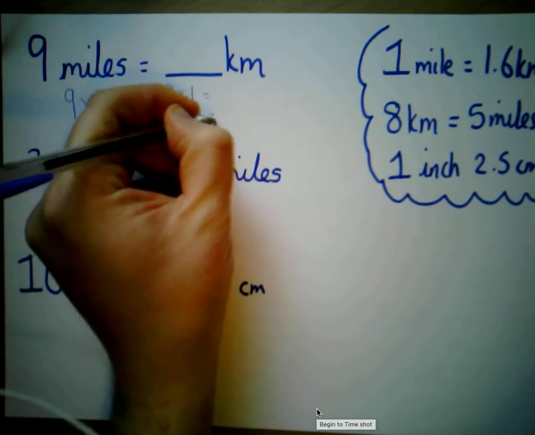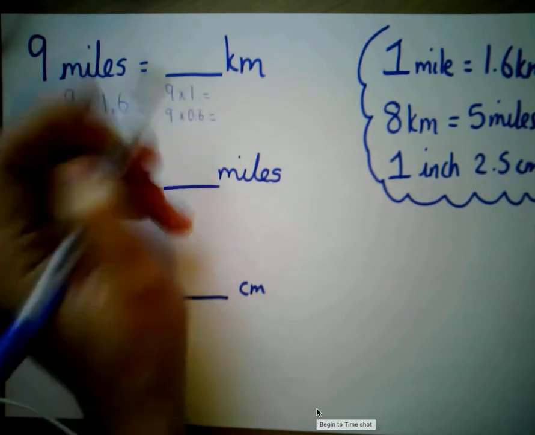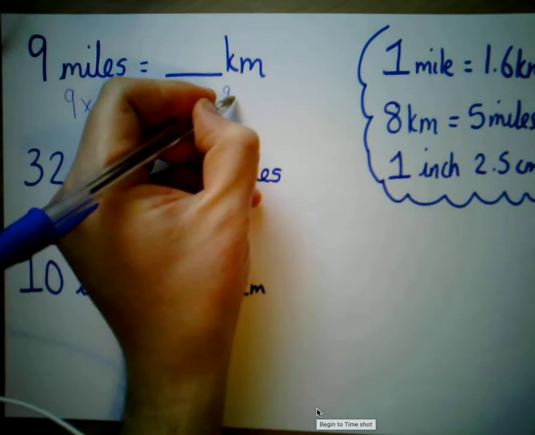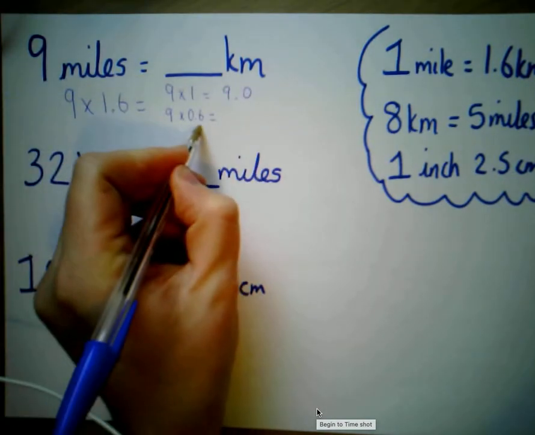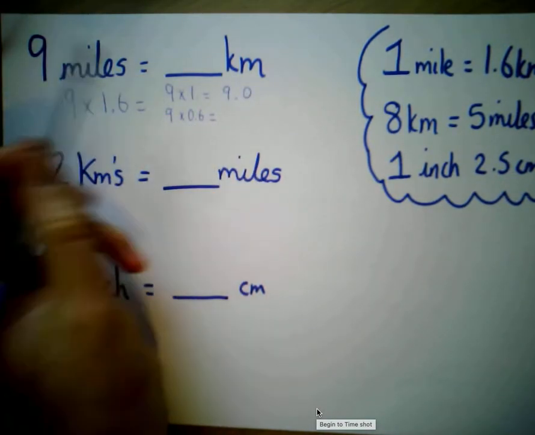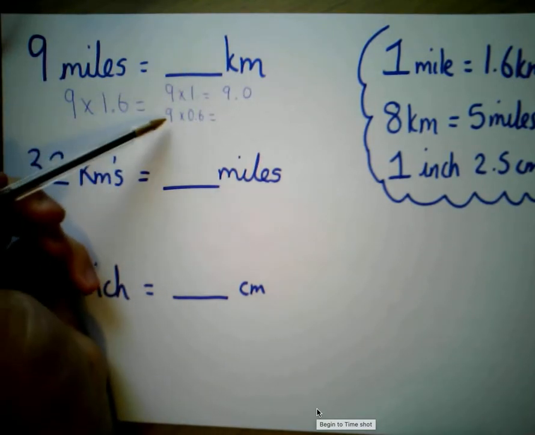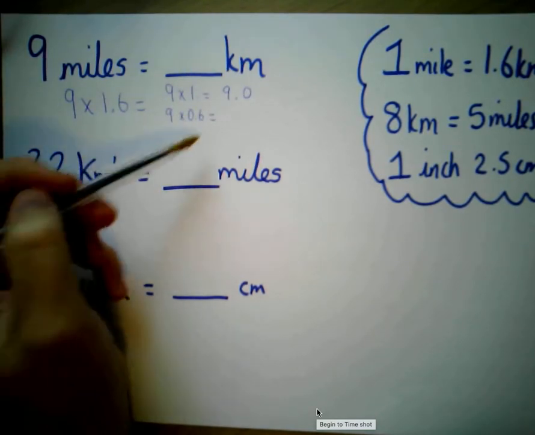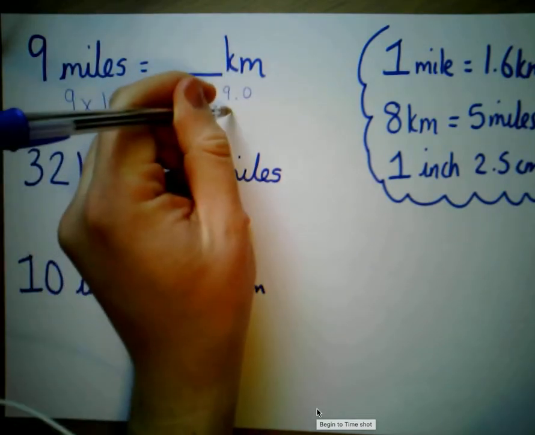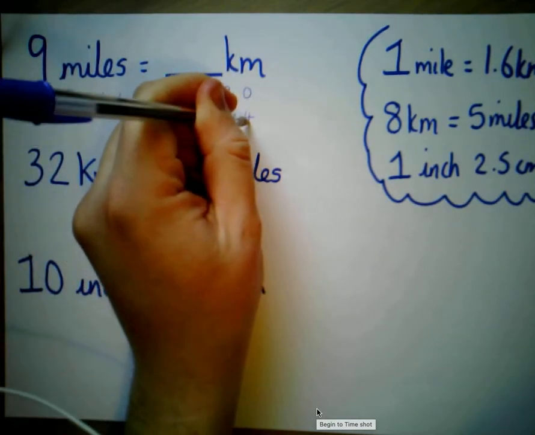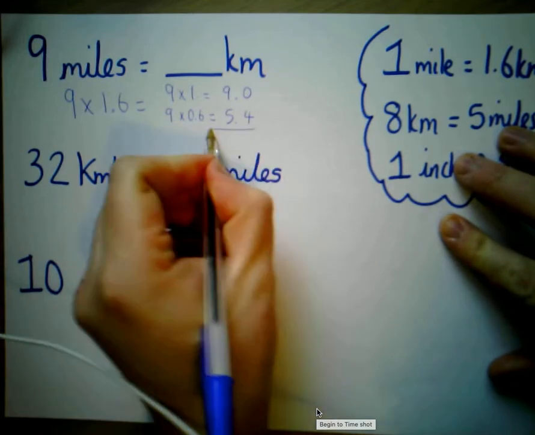Makes it much easier to calculate. Okay, 9 times 1 is 9, and I'd put a decimal and a 0 because I think we're going to create a decimal here. If there was no decimal in there, we'd say that 9 times 6 is 54, but we know this is 10 times smaller, so it must be 5.4.